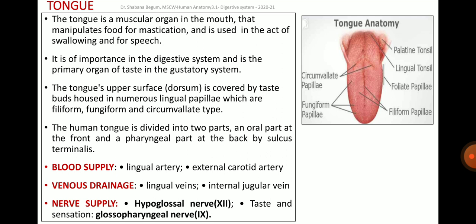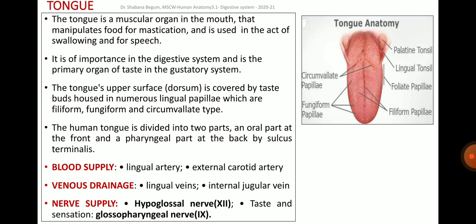The dorsal surface of the tongue consists of stratified squamous epithelium with numerous papillae called lingual papillae containing taste buds having 2 different types of cells: the taste cells, also called neuroepithelial or sensory cells, which respond to different types of taste, and the supporting or sustentacular cells, which support the neurosensory cells in a pod-like manner.